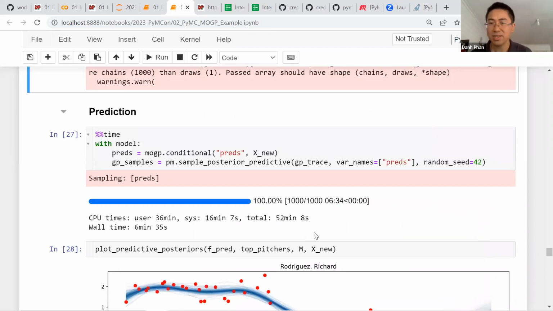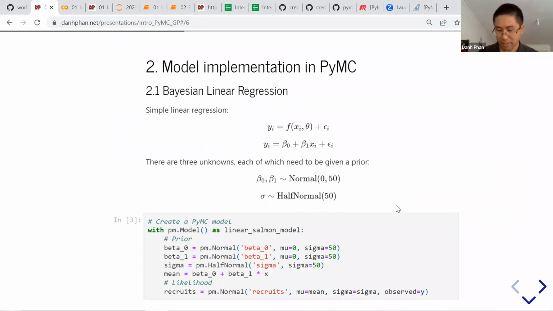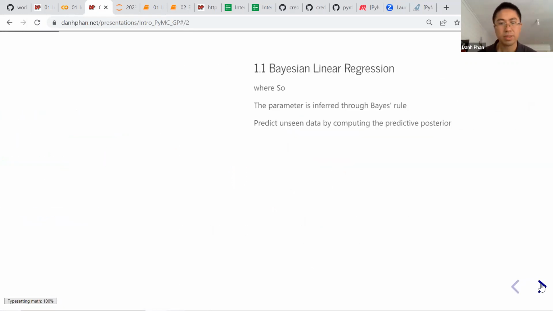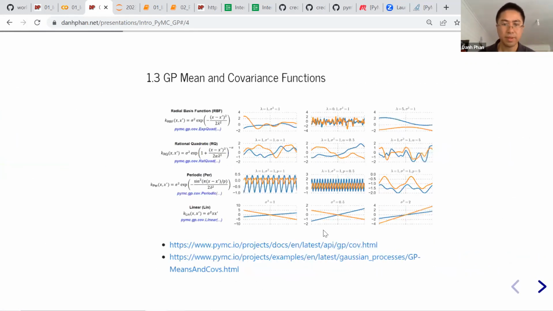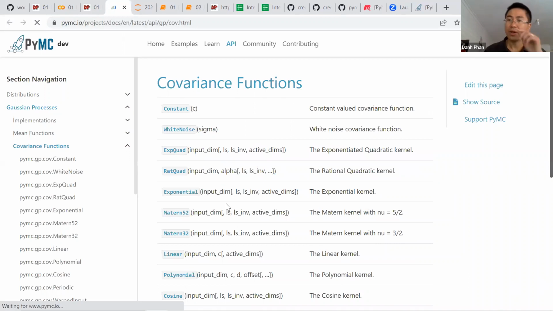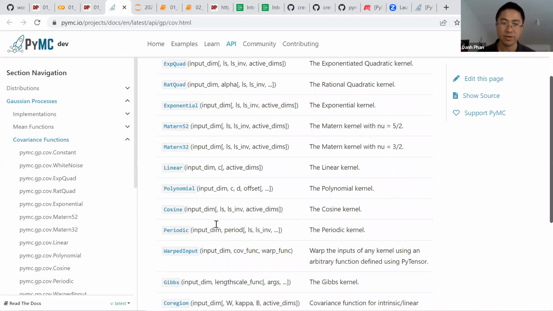And because this is just an introduction, in the kernel functions we have here, we only introduce just a bit, right? We have a lot of other kernels as well, and some are called stationary kernels, but some are not stationary.